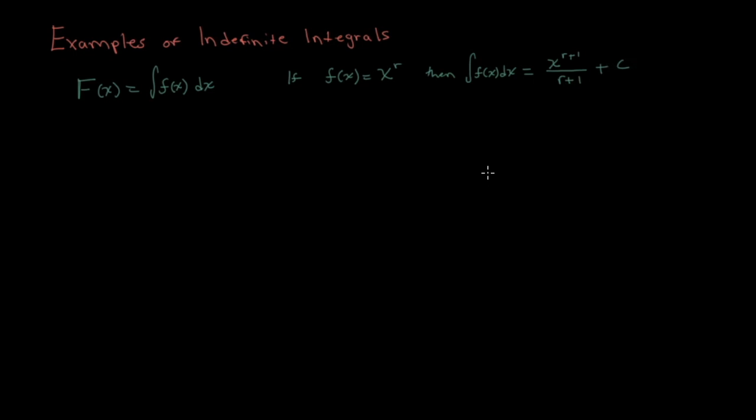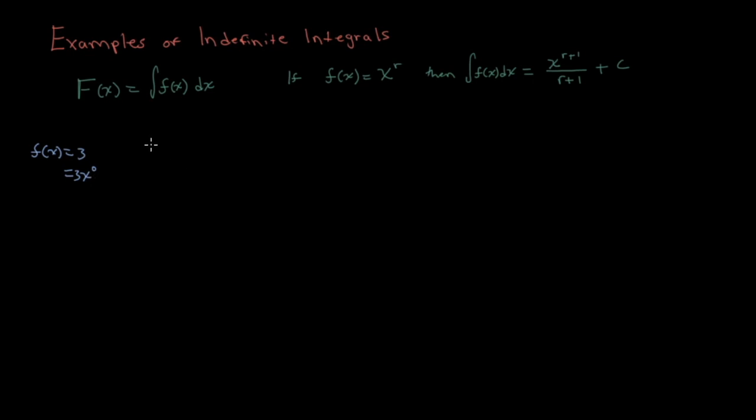So let's do an example here. Let's say we have a function called f at x. We'll do a very simple one to start off. So f at x is equal to 3. Now we can also look at this function as 3 times x to the 0, because anything to the power of 0 is just equal to 1, and this is 3 times 1.